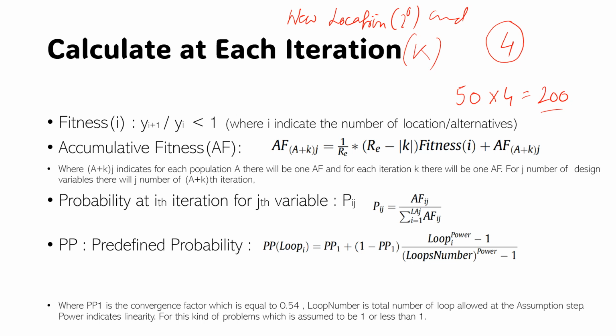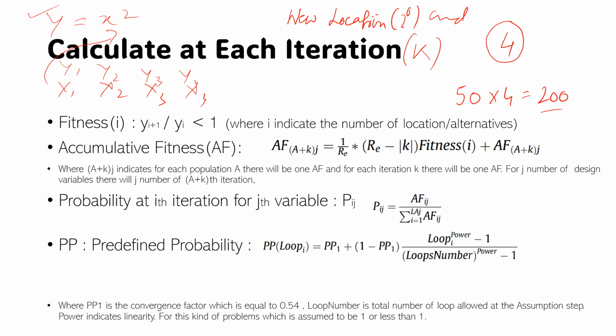Clear? So what do you have to calculate? The fitness I. Fitness I means at each location x1, x2, x3, x4, you will get y1, y2, y3, y4, because y is actually x square. These randomly generated values x1, x2, x3, x4, you put here, y is equal to x square, and a new value of y is generated.